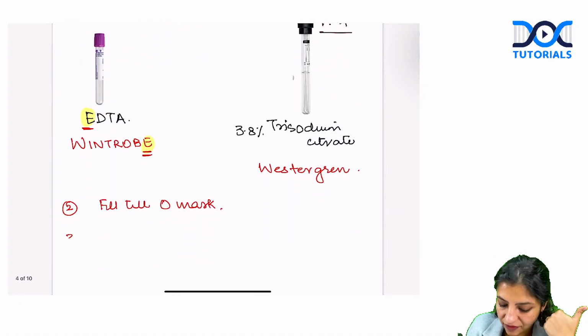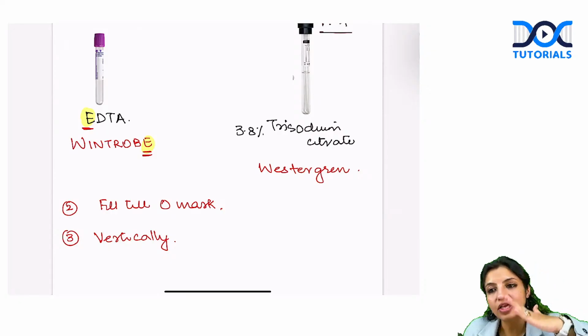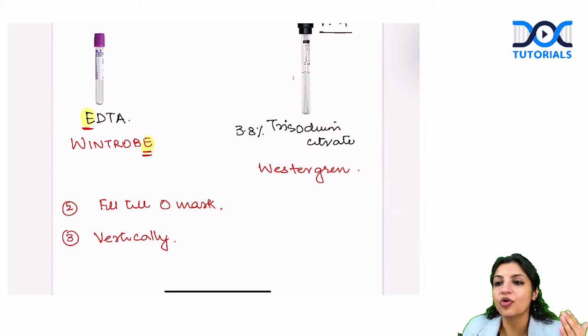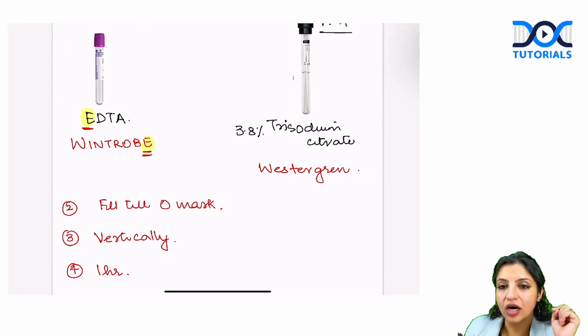Then you have to let the tube stand vertically. Now this is very, very important, because if it is angulated, there will be rapid fall of RBC. So it has to be standing vertically. You have to let the blood stand for a period of 1 hour.